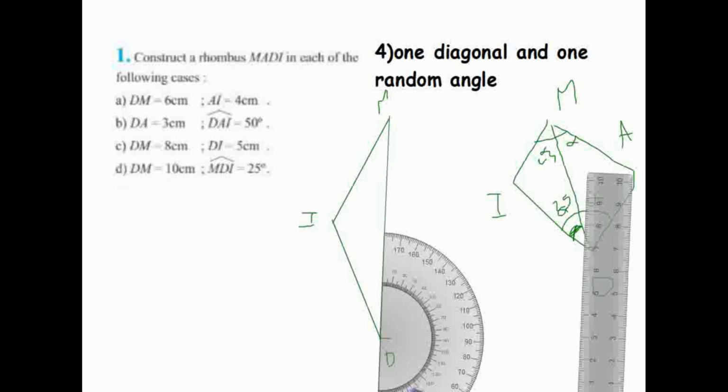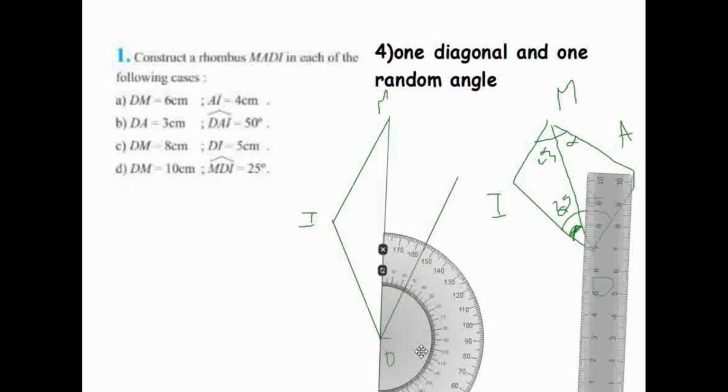Okay, here it is, and I'm going to measure 25 degrees. Using this side of the protractor and not the outer sides, because those numbers are decreasing. Here it is 0, 10, 20, and from D till 25, here is 25, but I'm going to extend it to make it longer because we want it to meet with the other line drawn from the other side.